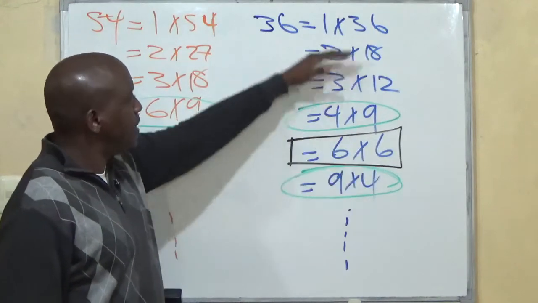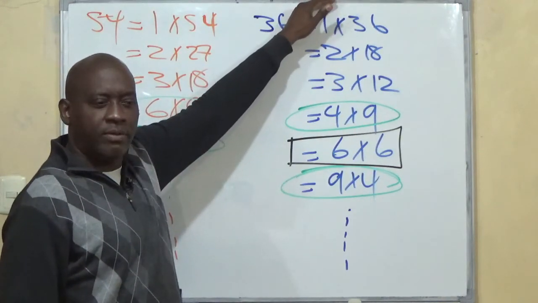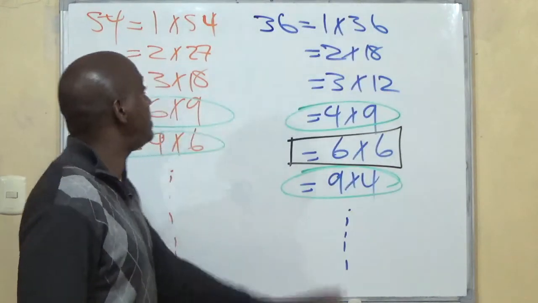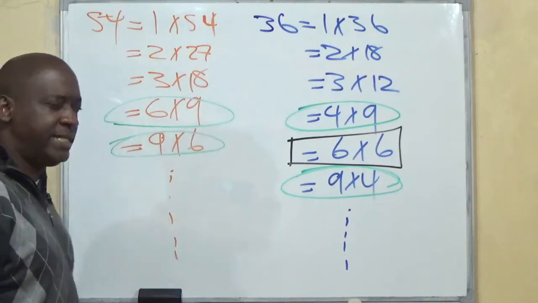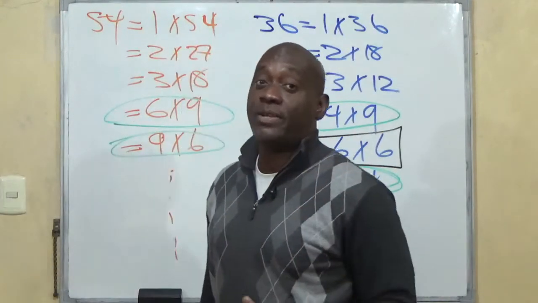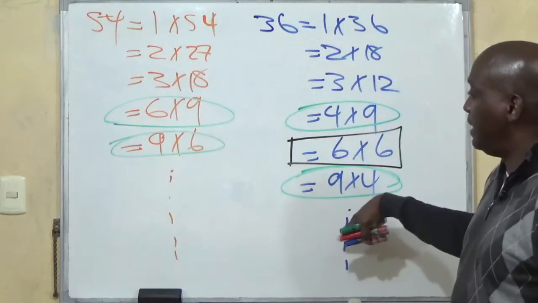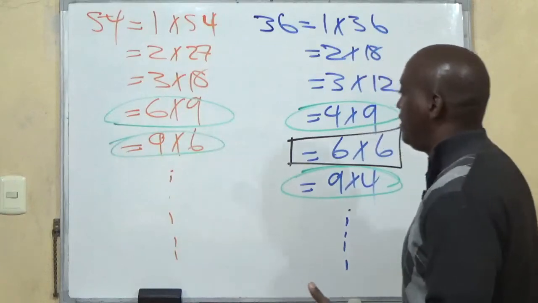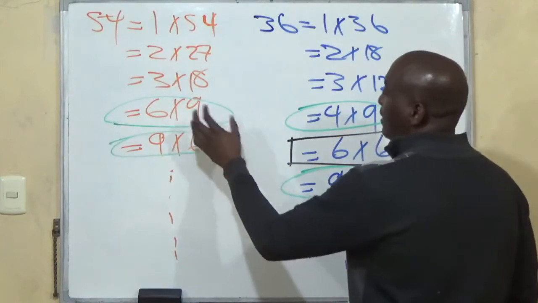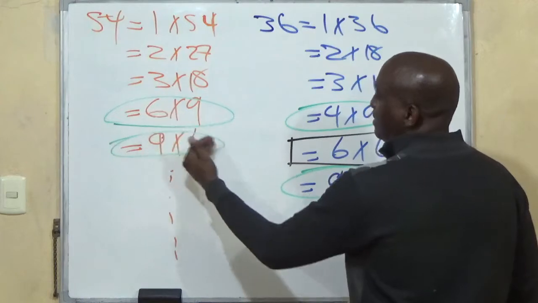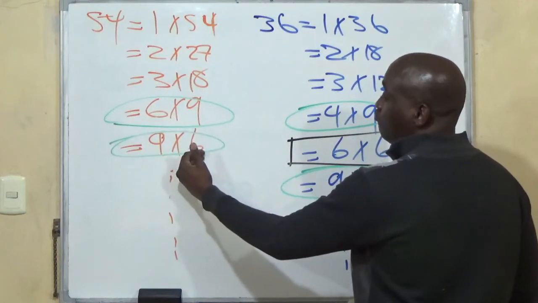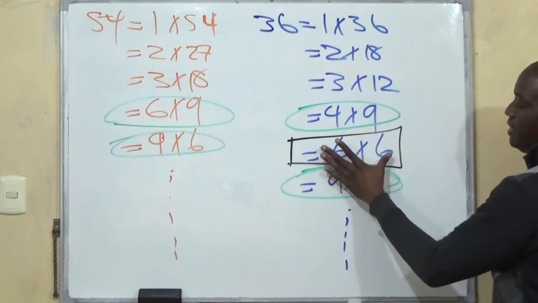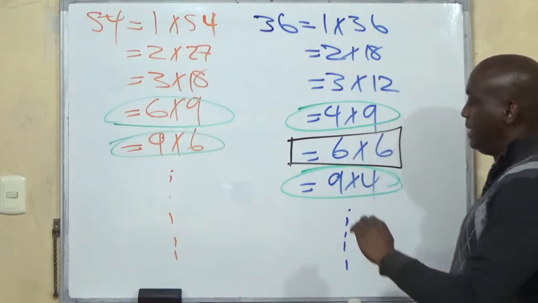So in other words, in terms of listing out the factors one pair at a time, the difference between 36 and 54, indeed the difference between any perfect square and what I referred to in our previous video as an imperfect square, would be that with the imperfect square, the reversal of the factors would occur right next to each other. In the perfect square, the reversal of the factors would have the repeated factors between them.